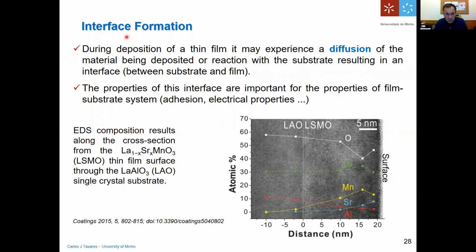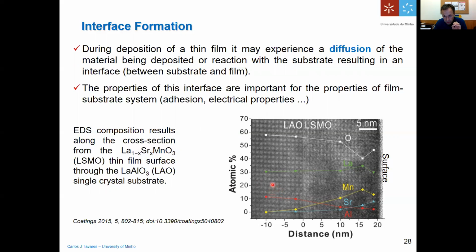And so this diffusion of elements from the substrate into the film, or from the film into the substrate, can be followed by chemical analysis during electron microscopy.